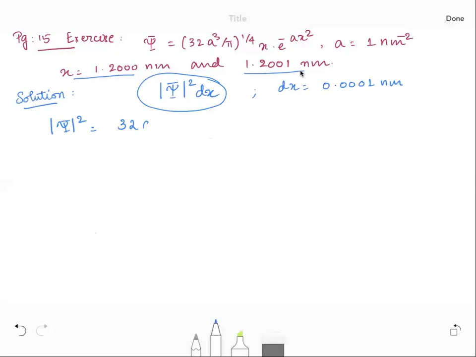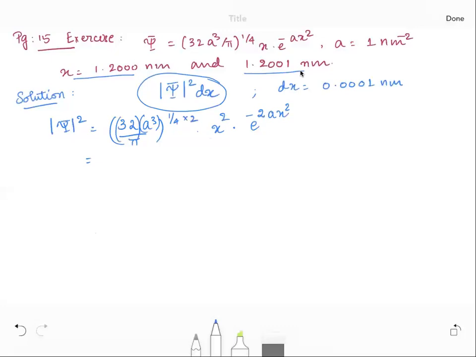So 32a cubed by pi, I have a 2 there because it's squared, times x squared times e to the minus ax squared. This term is also squared, so I'm going to insert 2 there. Now I'm going to split the power over these two terms separately to show how the units work out.